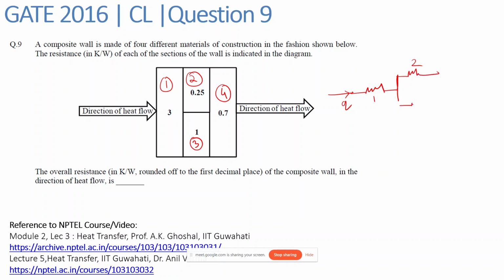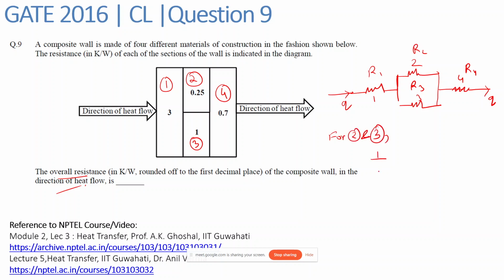The second and third resistances are in parallel, and then we have this fourth resistance in series. So R1, R2, R3 and R4, we have been given the values of these resistances, and we have been asked to find the overall resistance. We can simply use the formulas for resistance in series and parallel. So let's solve this for 2 and 3.